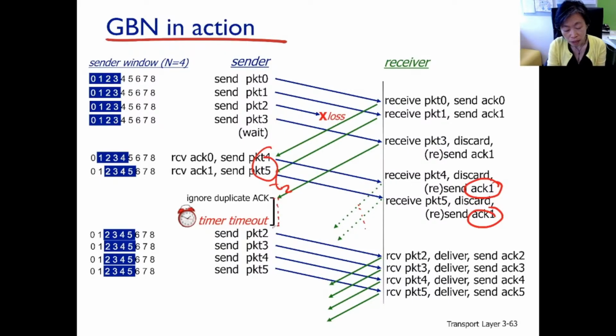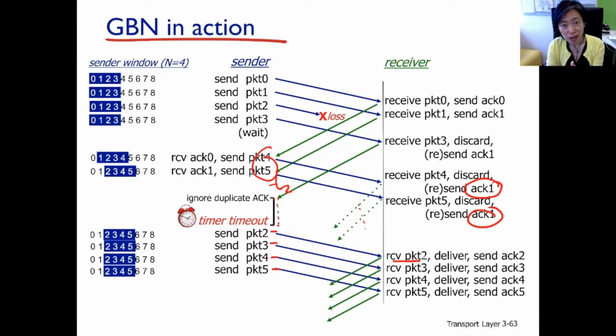That triggers the timeout event on the sender side. What do we do there? We restart the timer and retransmit the entire flight of packets starting from the base. So 2, 3, 4, 5 go out at once. And the good thing is that at the other end, the receiver finally gets packet 2.